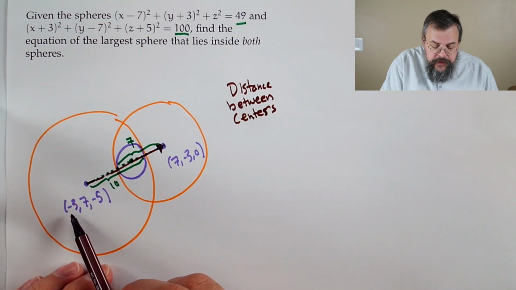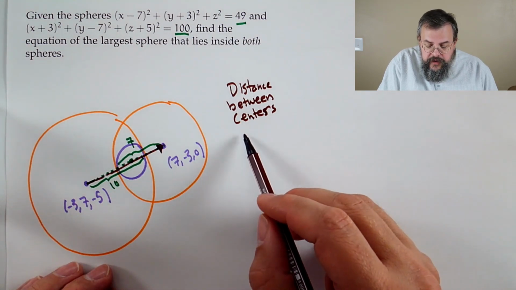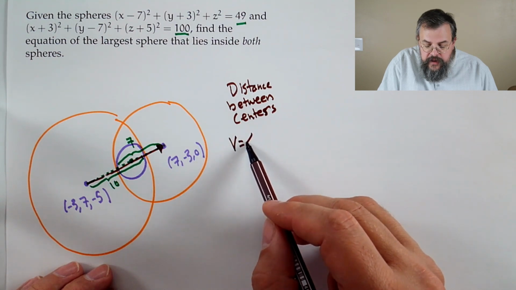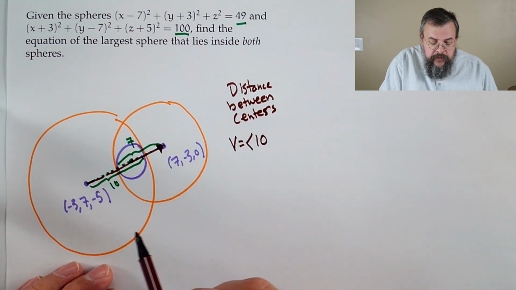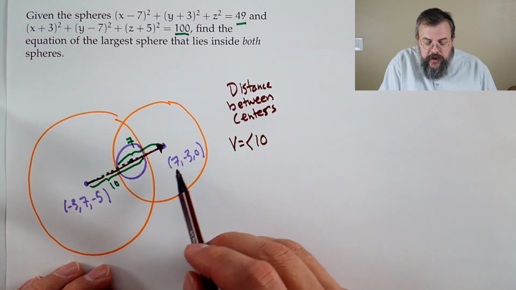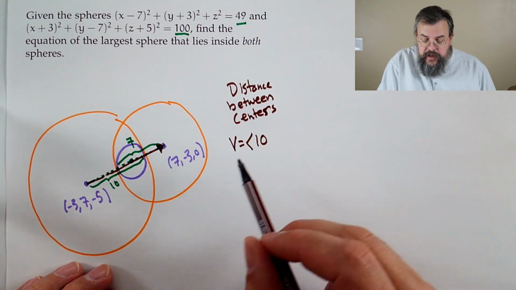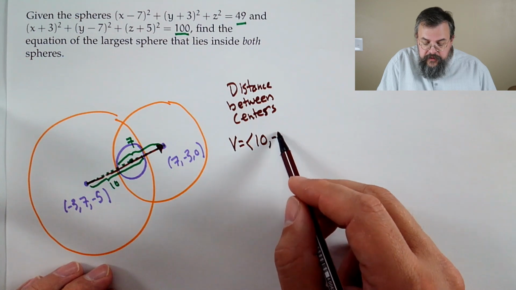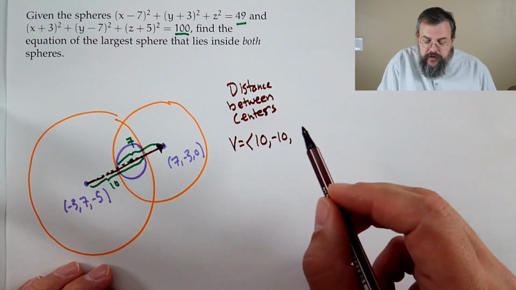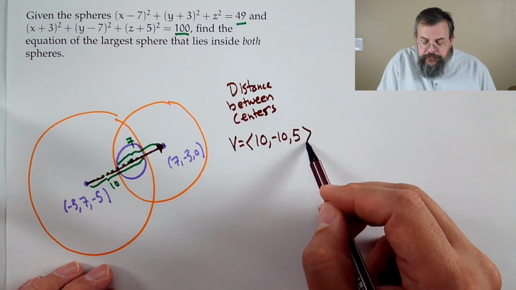We went from -3 to 7. So we'll have our vector, call it v. The x-coordinate went up by 10. Then we went from 7, and then we went down to -3. So we decreased by 10, so -10. And then we went from -5 up to 0. So that was an increase of 5.